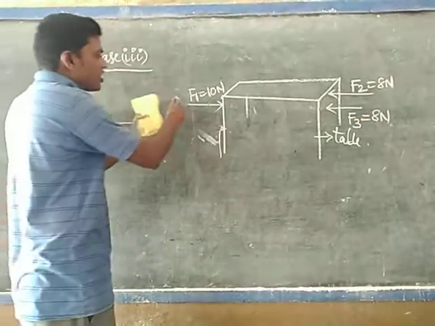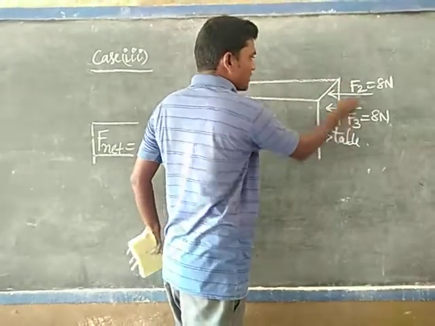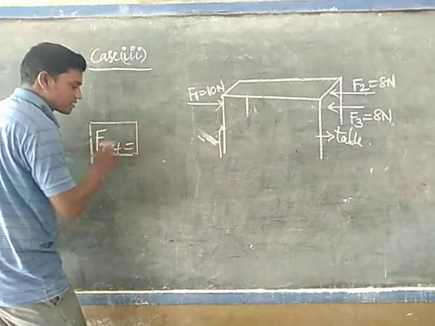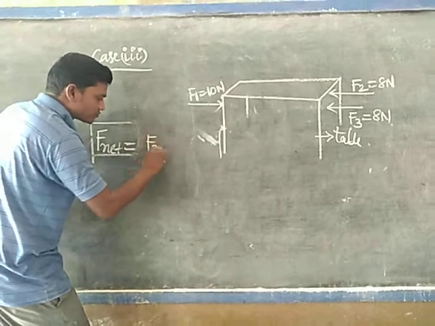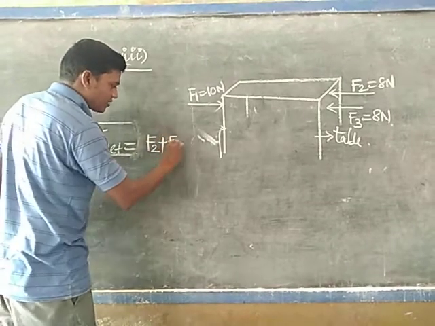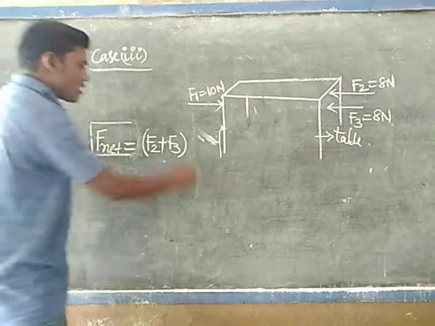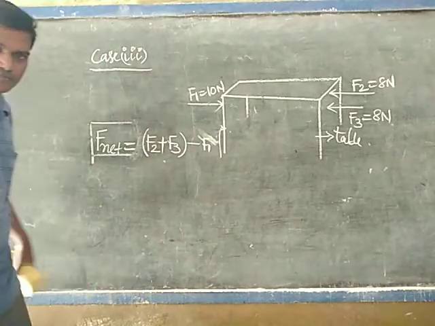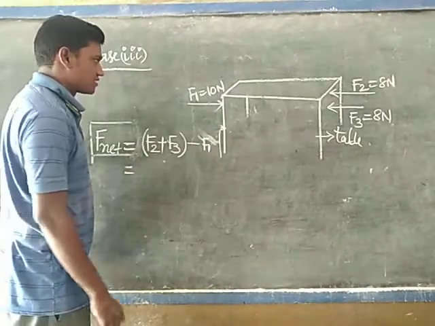So F1 is acting towards the east, F2 and F3 are acting towards the west. That's why what is the formula here? F net is equal to F2 plus F3, because these two forces are acting in one direction, minus F1.